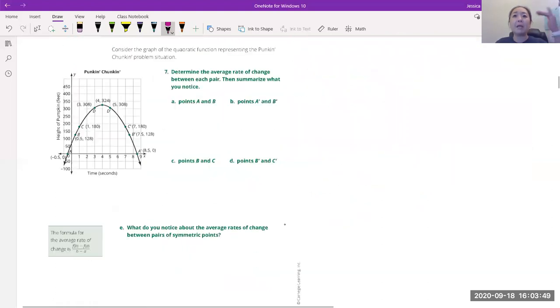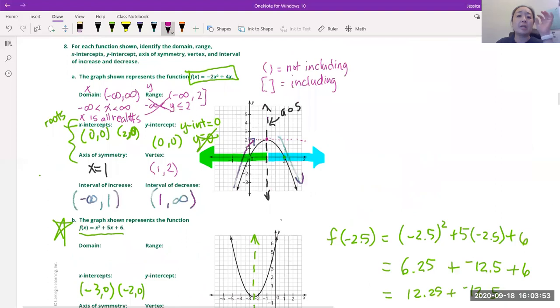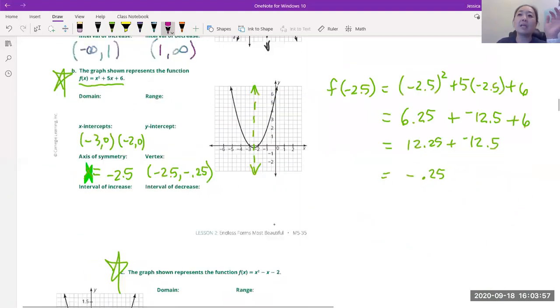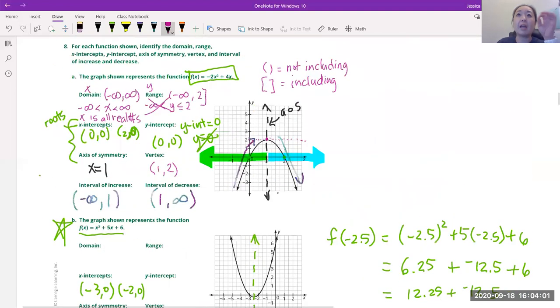Now we're going to skip a bit. We're going to go over to number 8. So you can just flip until you get to number 8, or you can go to page, what page is this? 35. Okay, page 35. And so here, when I'm talking about key features of a parabola, I'm talking about domain, range, x-intercepts, y-intercepts, axis of symmetry, vertex, interval of increase, interval of decrease. Those are the things that I'm looking for.